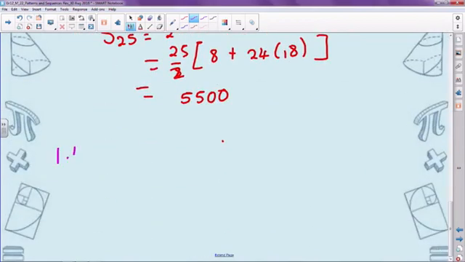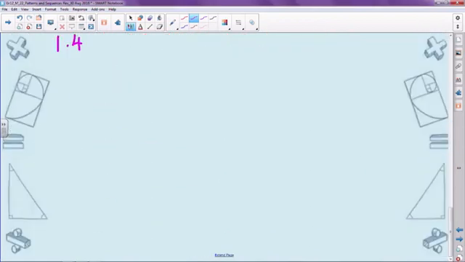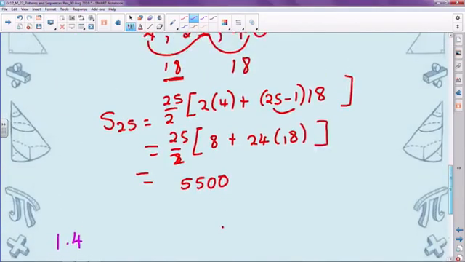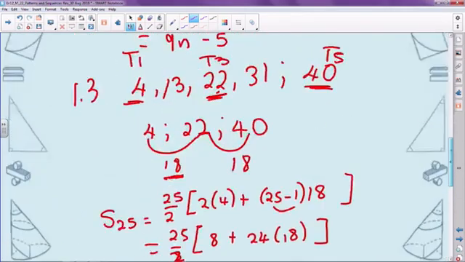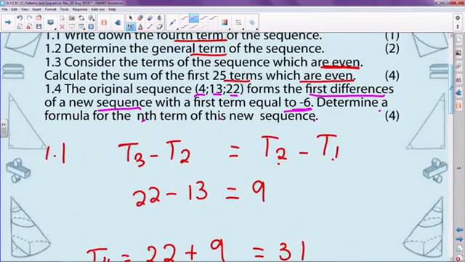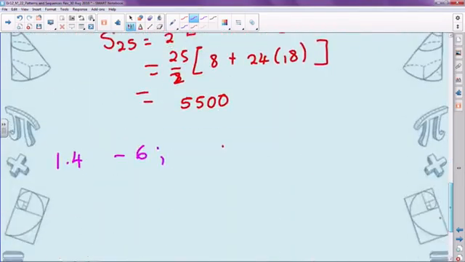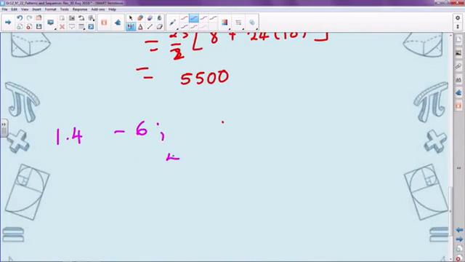So this is 1.4. They tell you that the first term of this quadratic sequence, this new sequence, is -6. All right. And they tell you that your first differences are given by that sequence that we've just worked with, 4, 13, 22. All right, so 4, 13, and 22 are the first differences of this new sequence.